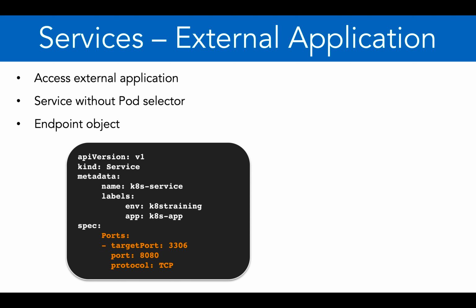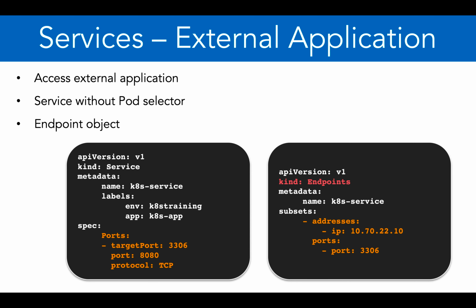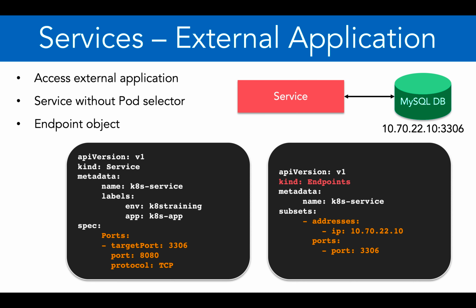Now it will not suffice; we'll have to create one more object called an Endpoints object that will be used to make a connection between your service and the external application. So here let's say we have a service and we want to use that service to connect to a MySQL database, and the database is hosted on a server of IP address 10.70.22.10, and the database is running on port 3306.